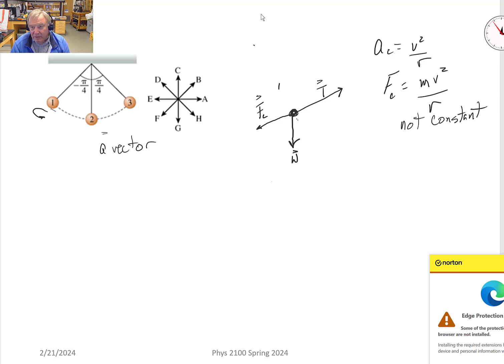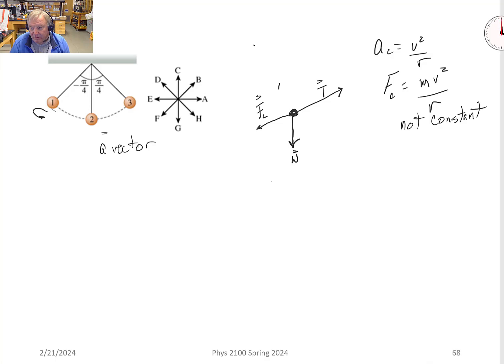W, the weight, can be broken up into components. And so we would say that we've got the tension, we've got the F centripetal, and we know the path is the dotted line, so this is going to be a W perpendicular to the path.